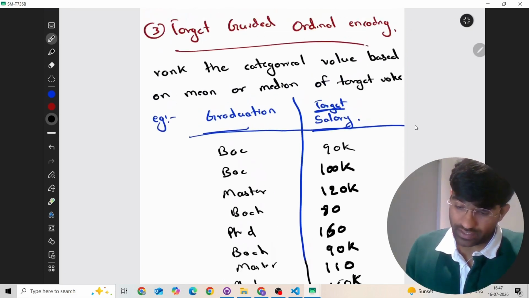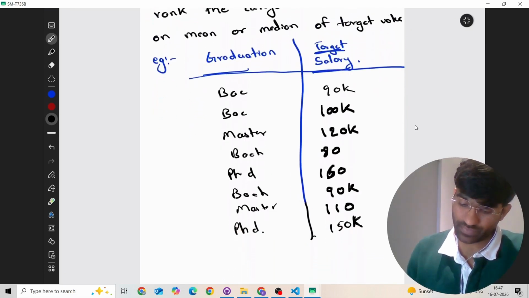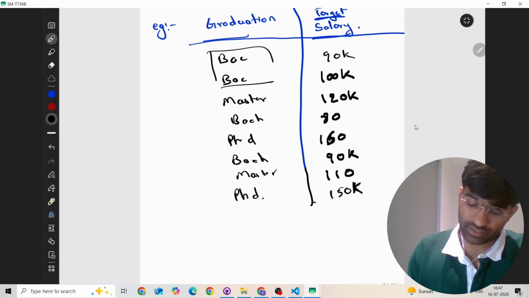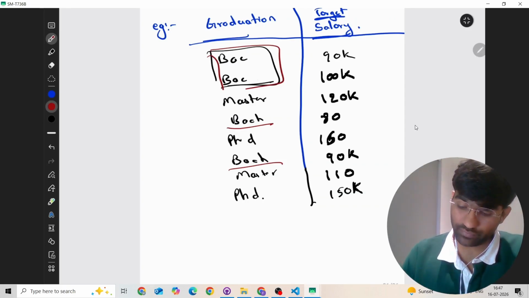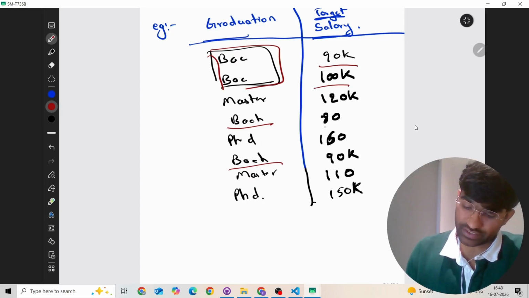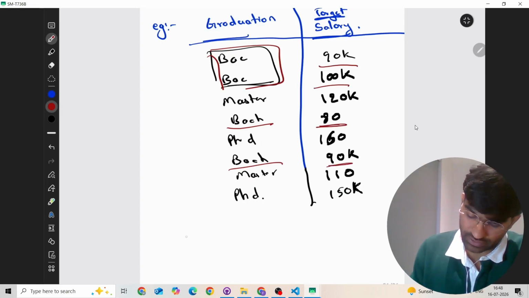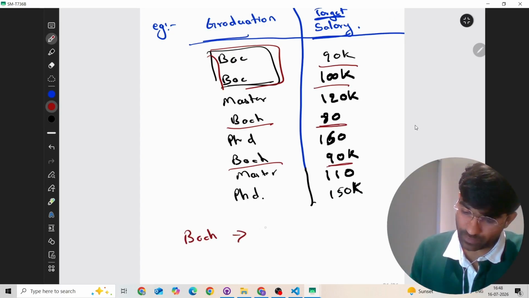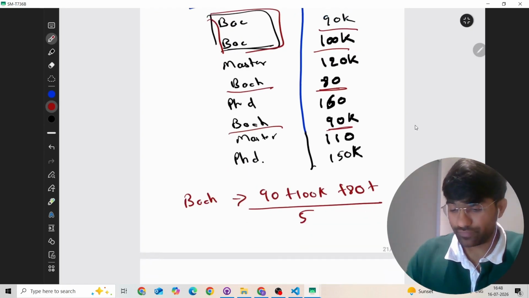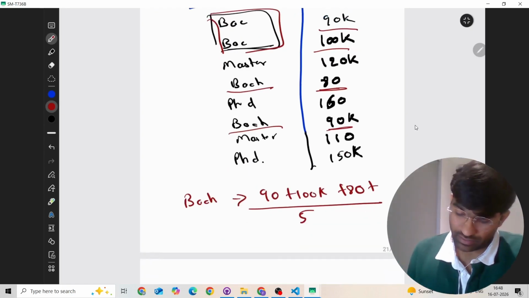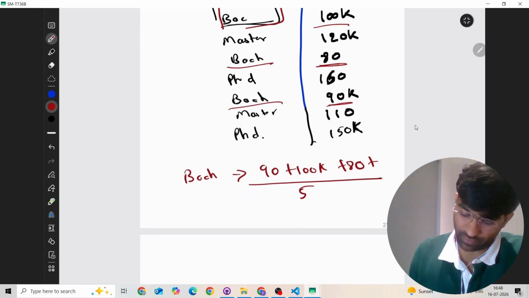So what target guided ordinal encoding does is, for all the bachelors categorical value, it will calculate the average of the target variable, 90 divided by 5. It repeats the same for masters, then for PhD.